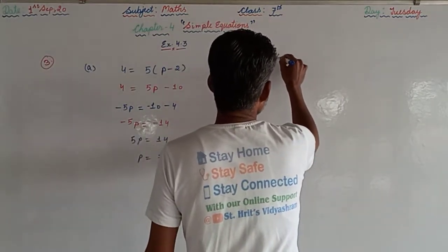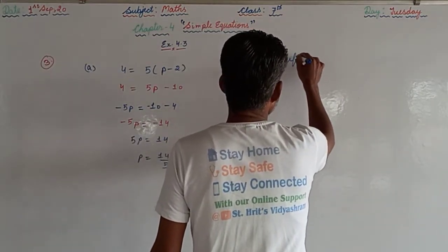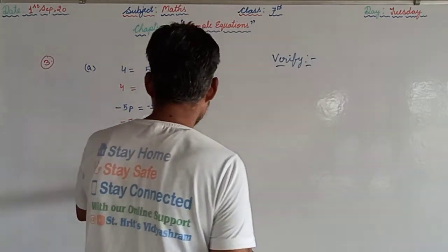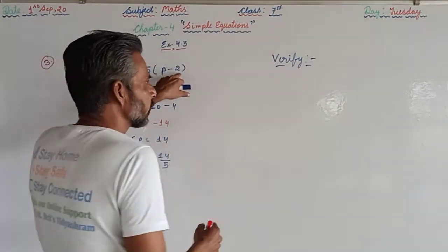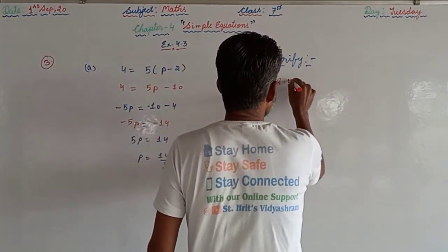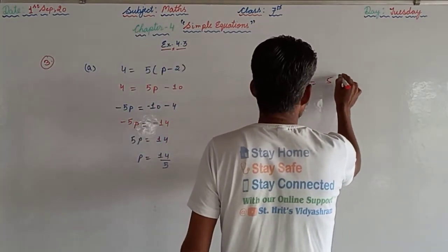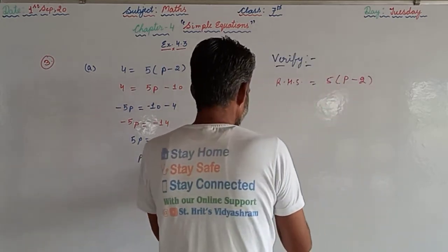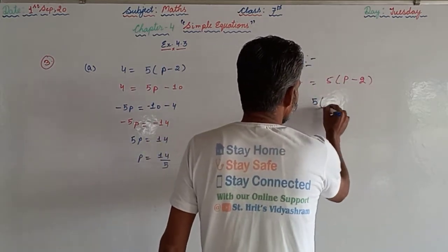If you want to verify the answer, whether our answer is correct or not, so we will take the right hand side, RHS. RHS is 5 into (p minus 2). So here we will substitute the value of p.